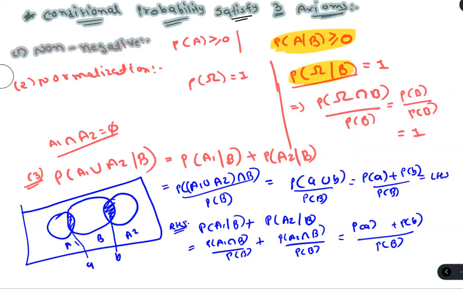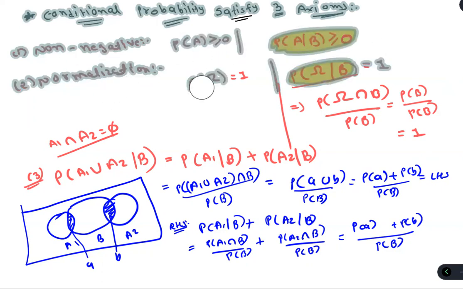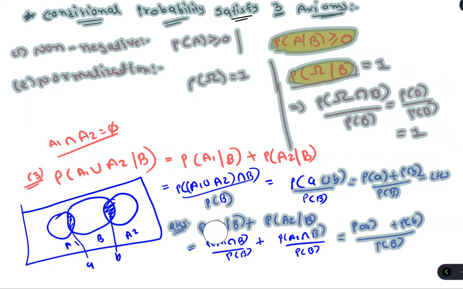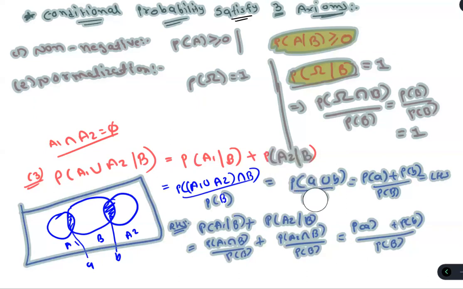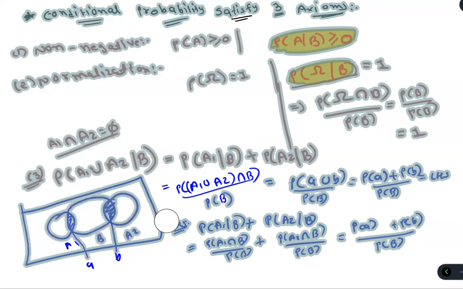Now we are moving to our next topic, which is total probability. Many of you may know about total probability, but let's understand how it works, how we can find the total probability, and why we need to find it.